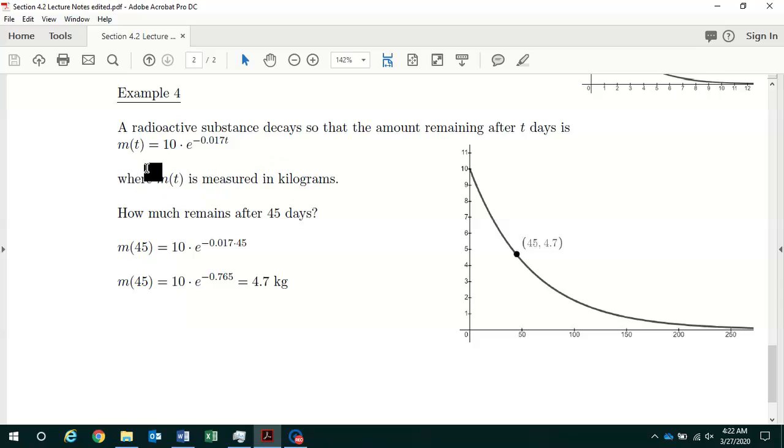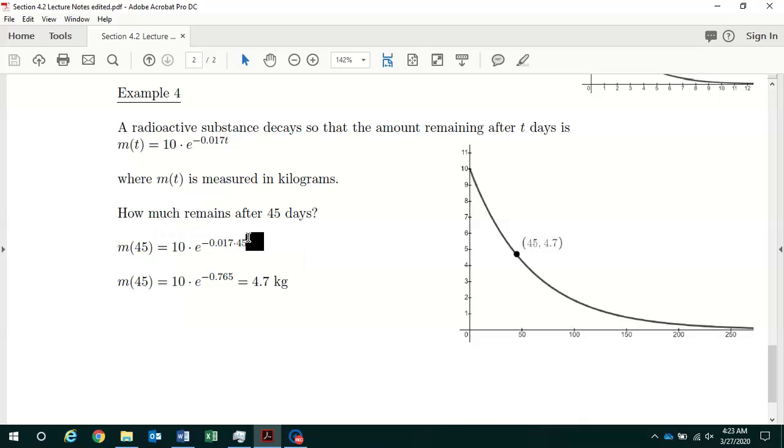And M of t is the amount of the radioactive substance after t days. And so again, you can see the graph over here of the function M of t. The horizontal axis is the t-axis. As time increases, the amount of the substance is decreasing. And so you can see this is another example of exponential decay.